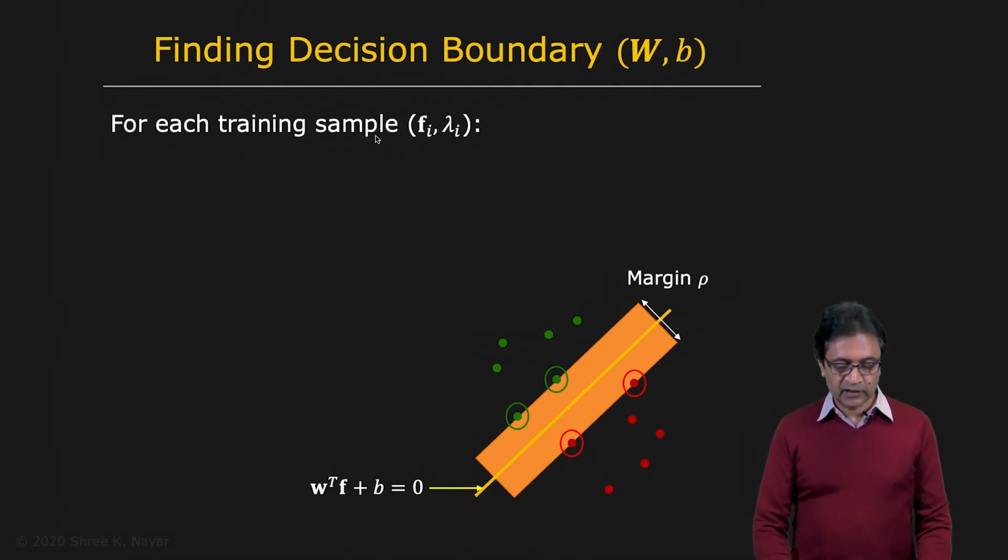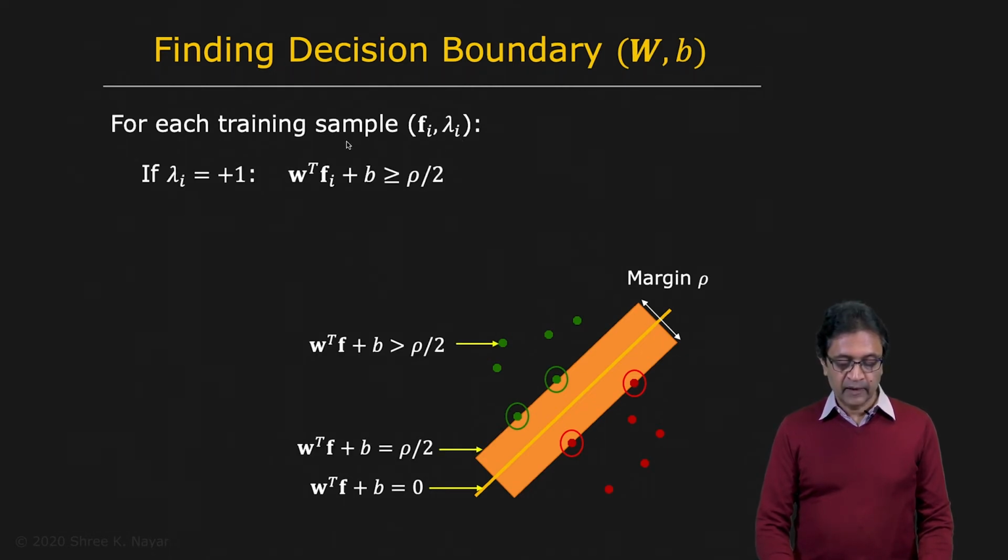For each training sample, that is feature Fi and corresponding label lambda i, if lambda i is +1, we know that W transpose Fi plus B is greater or equal to rho divided by 2. That is, it must lie beyond this line right here. So this is the decision boundary you're looking for.